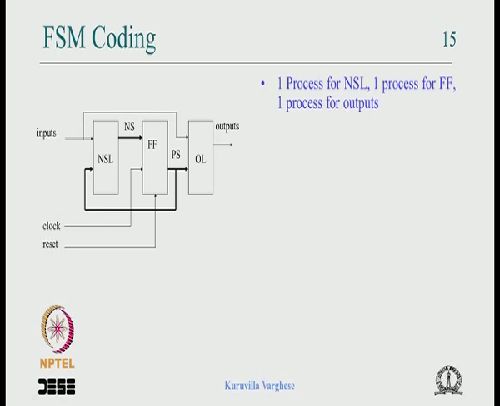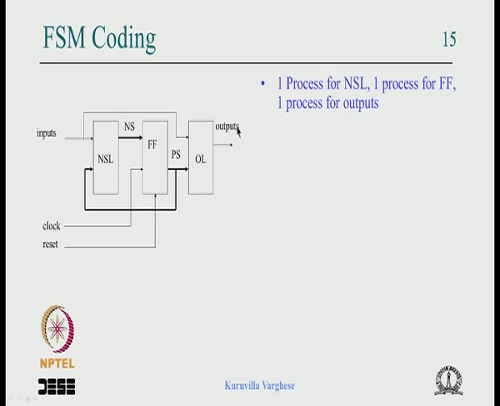Now sometimes the number of outputs is less. The number of states is more, maybe say you have 8 states and only 2 outputs. Now if you write a process for 8 states and 2 outputs, when you write a process you can use only case or if. You will say case present state is when S0, you will say what the outputs are, there are only 2 outputs. Then you say when S1, when S2 and so on, up to S7.